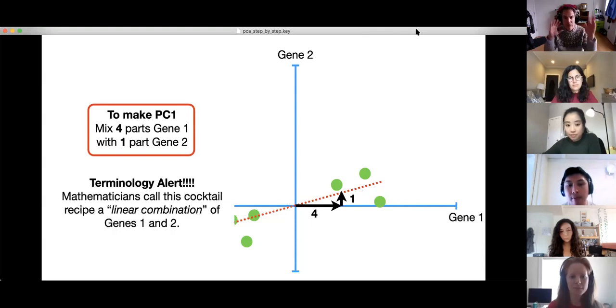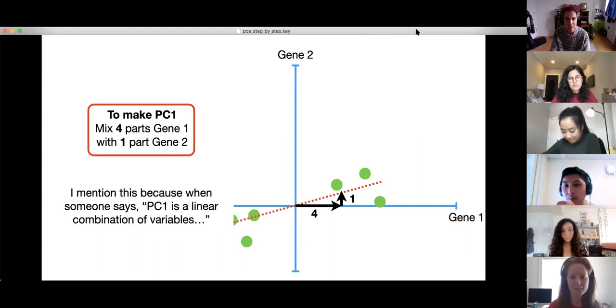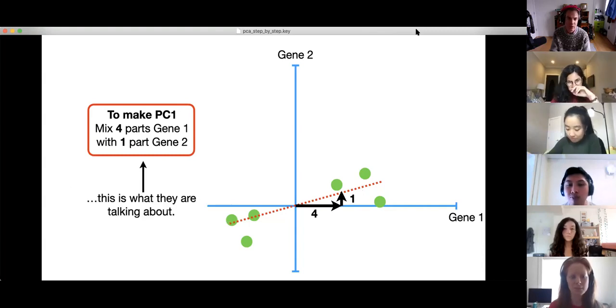Oh no, it's the terminology alert. Mathematicians call this cocktail recipe a linear combination of genes 1 and 2. I mention this because when someone says PC1 is a linear combination of variables, which sounds very sophisticated, this is what they're talking about. They're just saying PC1 consists of so many parts gene 1 and so many parts gene 2, and this is the recipe for the principal component.